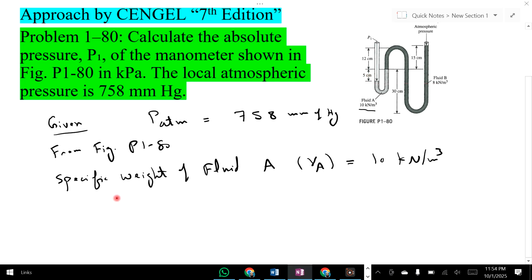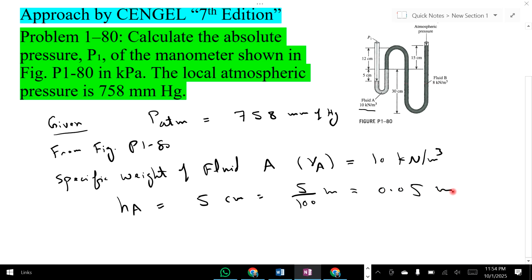So HA, height for fluid A, is 5 centimeter. Convert this into meter, which is 5 divided by 100 meter. So 5 divided by 100 is equal to 0.05 meter.